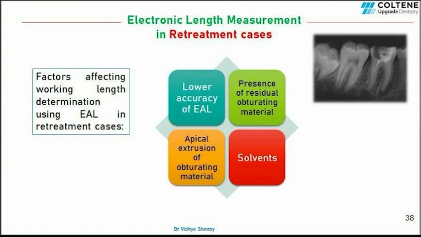This is again because of the electrical conductivity of the solvent. So overall, we can say that we can use apex locators in retreatment cases as an adjunct to radiography. But what we should keep in mind is the presence of obturating material residues or the solvents can affect its accuracy.